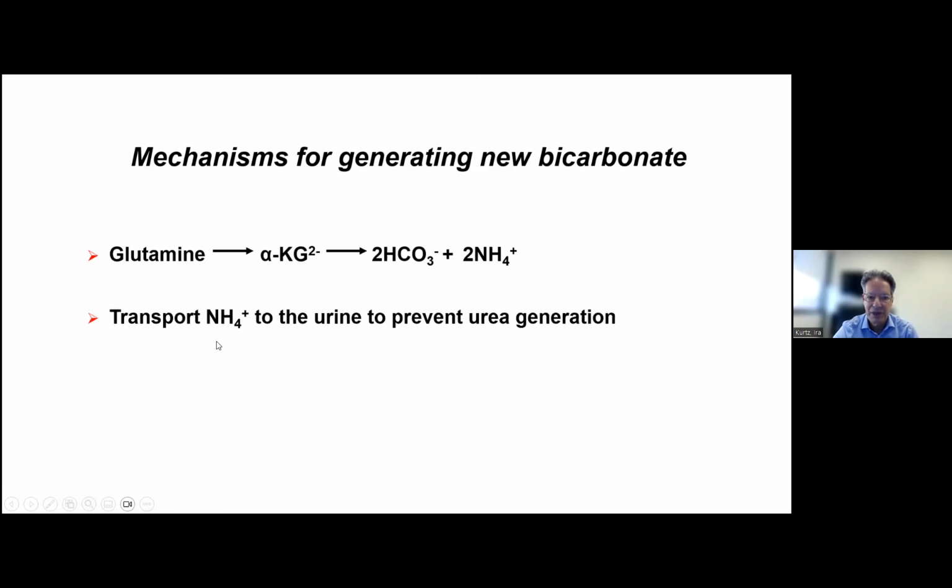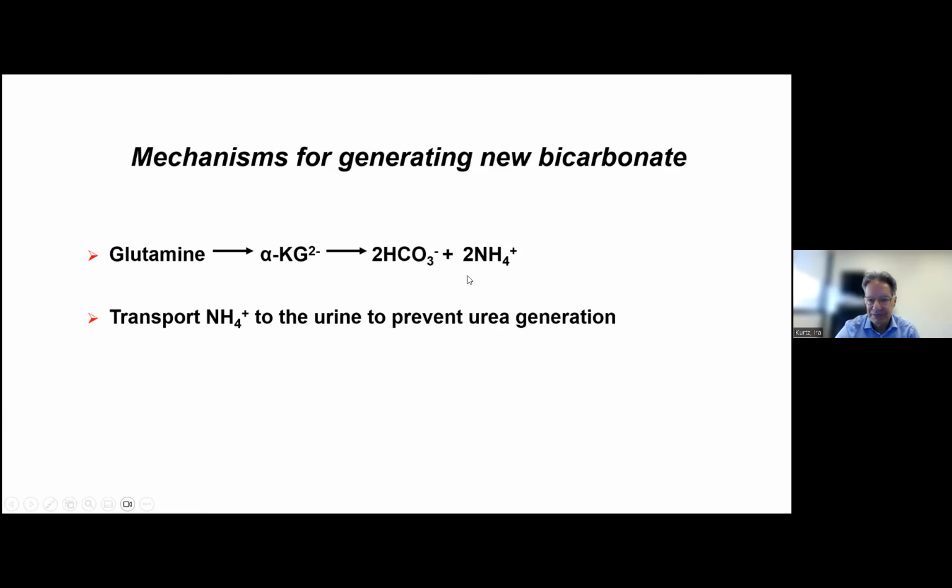Now, the other thing the kidney must do is not allow the ammonia that it made as a side product of this reaction to get back into the blood. If it gets back into the blood, then you're just going to take the 2 bicarbonate and 2 ammonium ions and convert this back to urea in the liver. Urea is made of 2 bicarbonate and 2 ammonium ions when you look at the net cycle of the urea cycle.